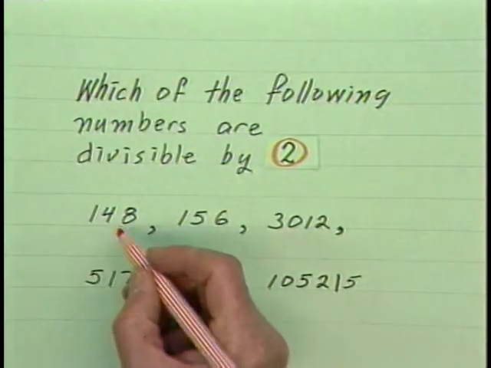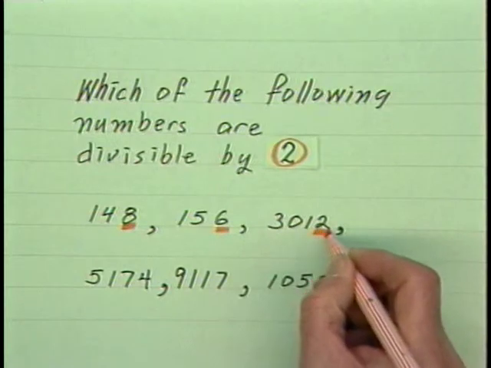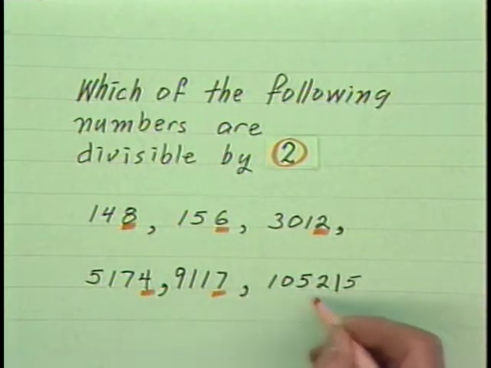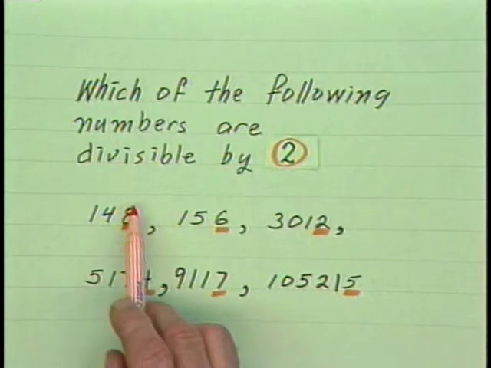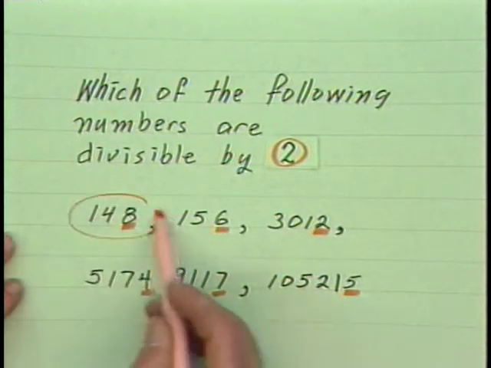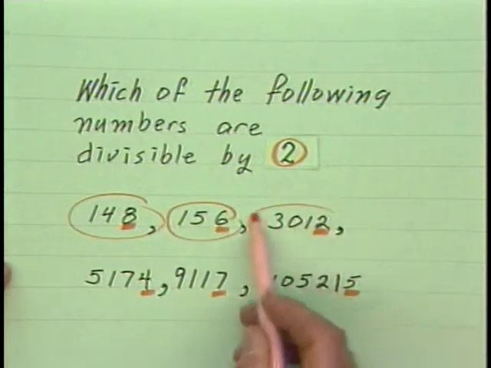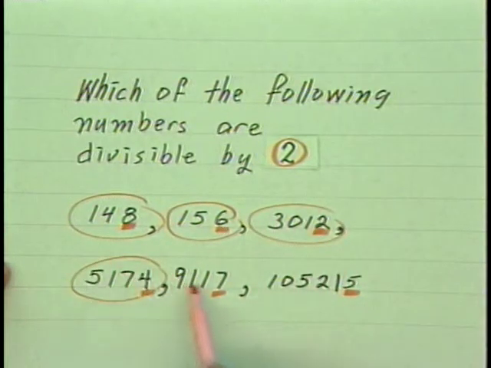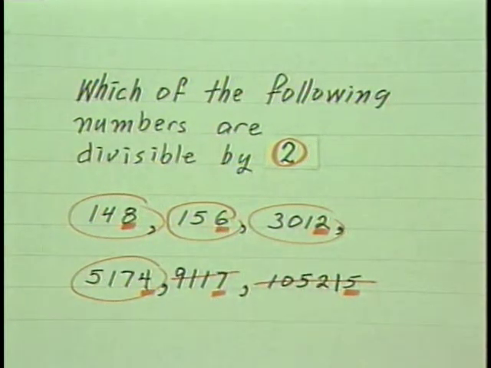All we need to do is look at each end or units digit and ask, is it even? If the answer is yes, and 8 is even, then that's divisible by 2. So is that, so is that, so is that. That isn't, this isn't. So these first 4 are divisible by 2.